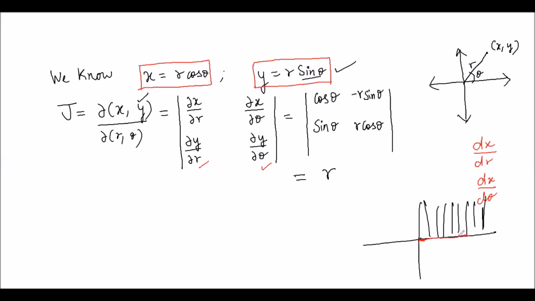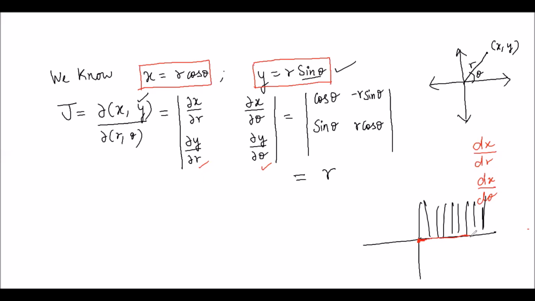If I talk about theta for this radial strip, it is 0 because its inclination with the positive direction of the x-axis is 0. And if I talk about r, since x is from 0 to infinity, r starts from here, where r is 0, and since we can go up to infinity, r will vary from 0 to infinity.